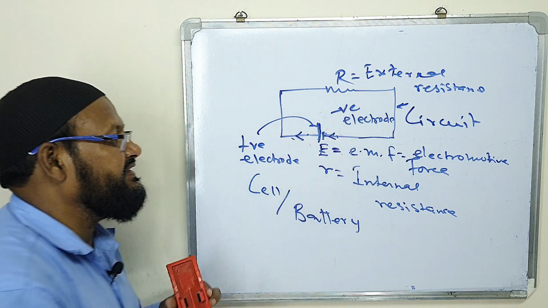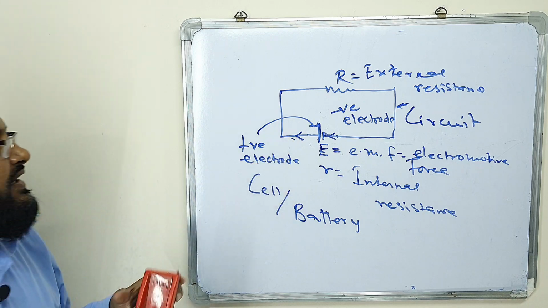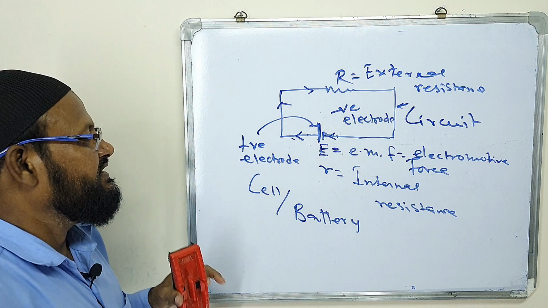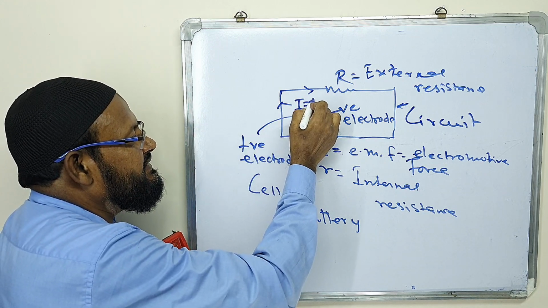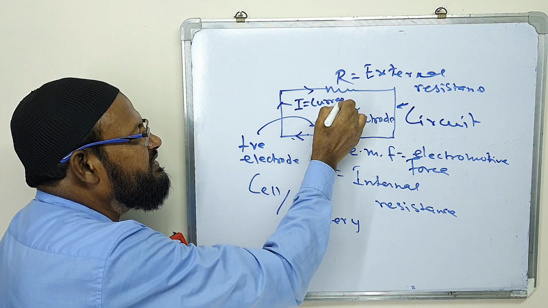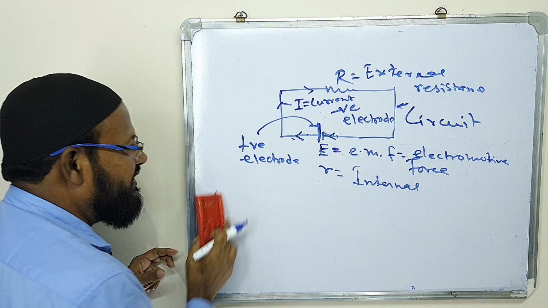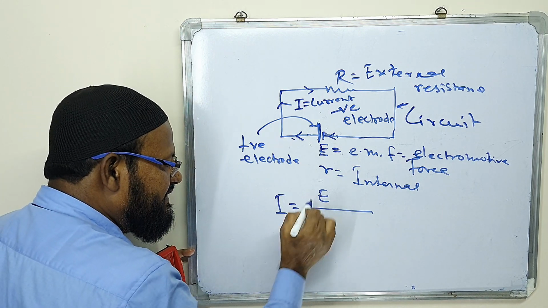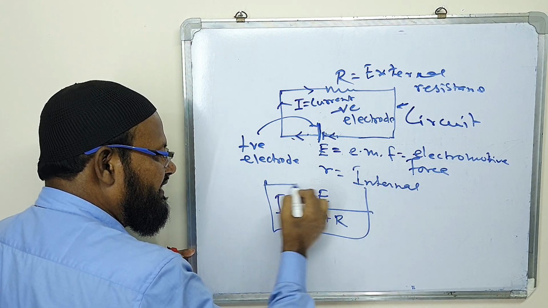But outside the cell, the direction of current is from the bigger hand, that is, the positive electrode, and this is known as the main current. What is the formula? Simple formula: I equals E divided by small r plus capital R.